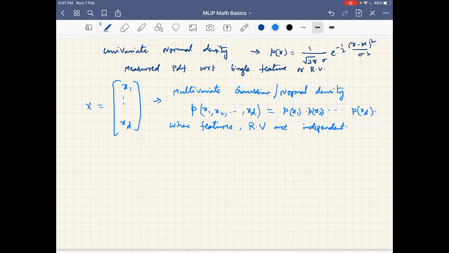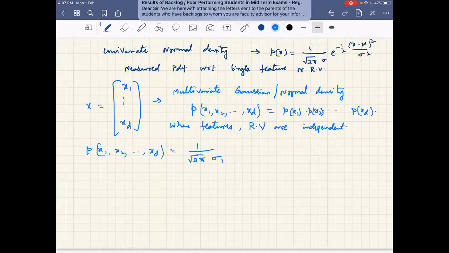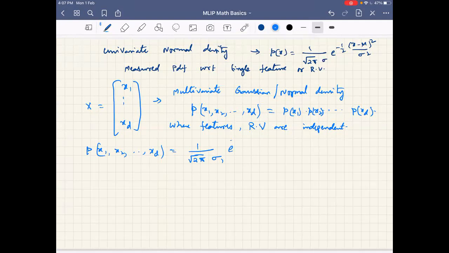So P of x1, x2, up to xd: I will expand each of them as 1 by root 2 pi sigma 1, where sigma 1 is the variance of feature or random variable 1, e power minus half x minus mu 1, the mean of feature x1, whole square by sigma 1 square. Please note that mu 1 is the mean when I take the x1 feature of several samples.